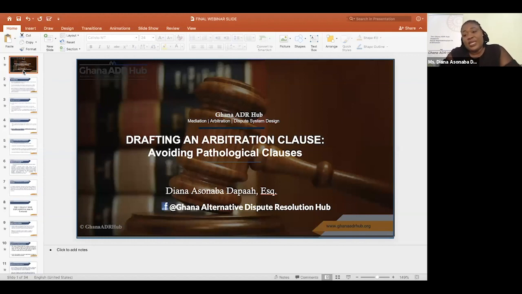So the term alternative dispute resolution is an umbrella term that looks at a broad spectrum of processes that involve resolution other than through the courts. Arbitration is one of such methods of ADR.